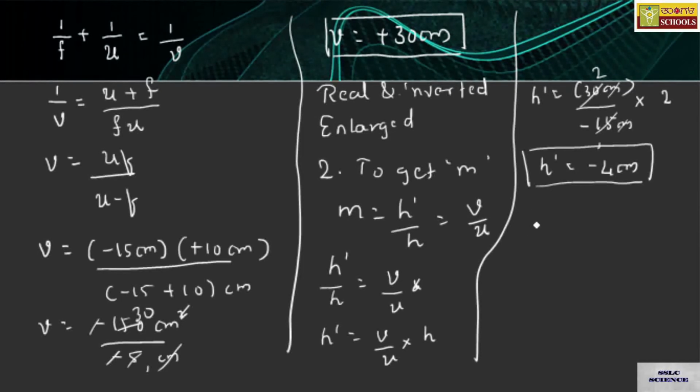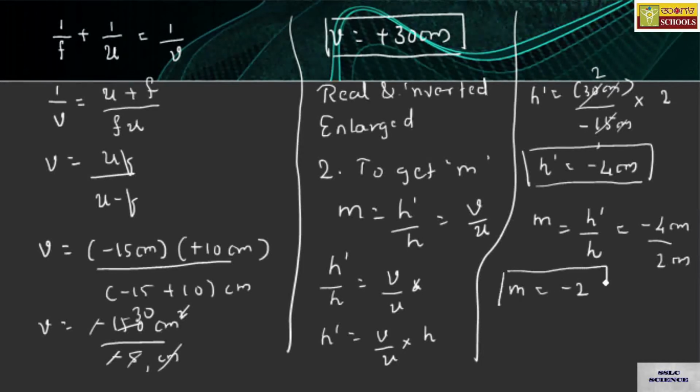By that you can get the magnification here. Make use of the same formula, h dash upon h, which is minus 4 divided by 2 centimeter for height of the object, and hence m is equal to minus 2, because centimeters cancel each other.